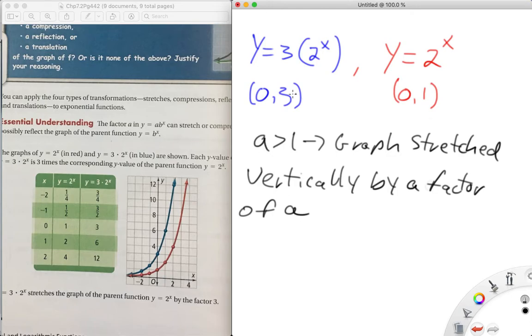So meaning, what's the difference between this intercept and this intercept? 1 has been multiplied by 3. So it's been stretched vertically by a multiple, in this case of 3, or by a factor of 3.